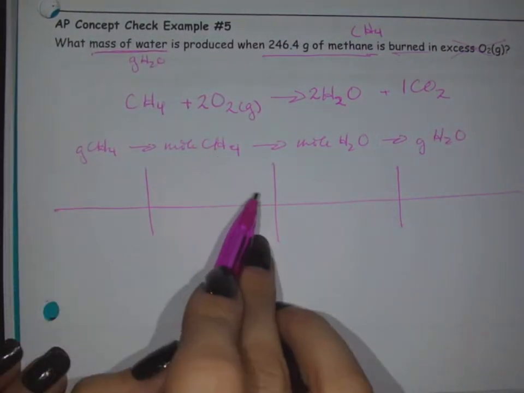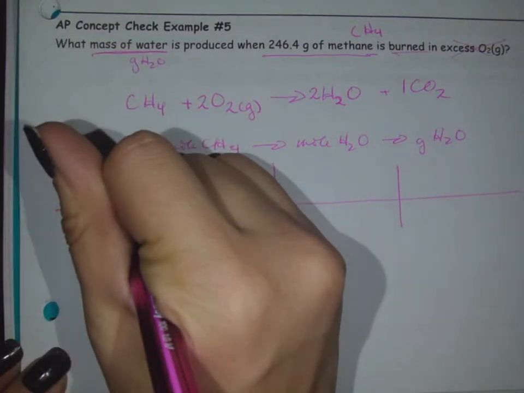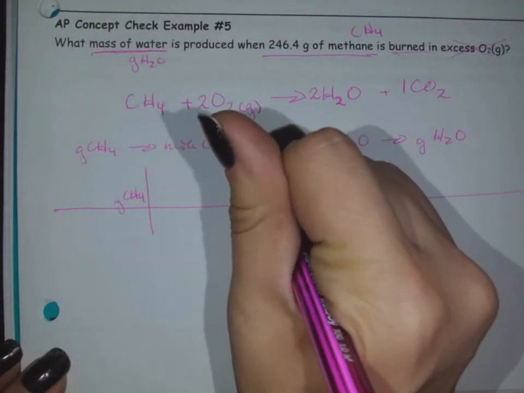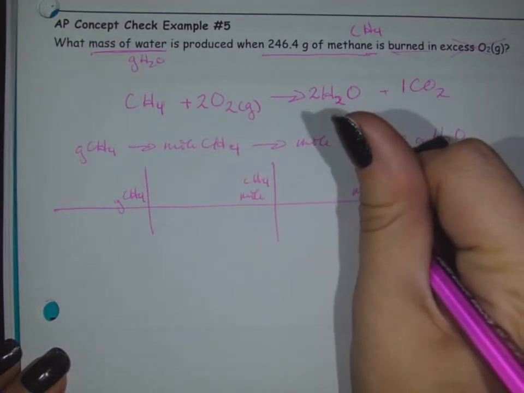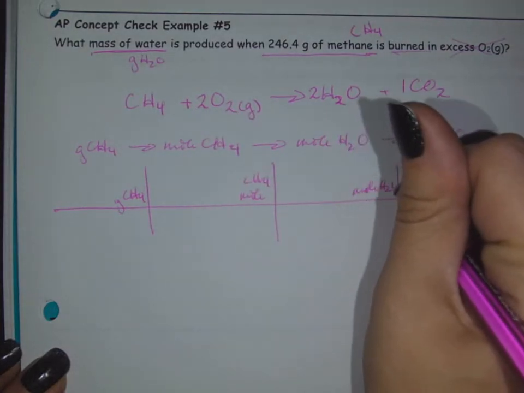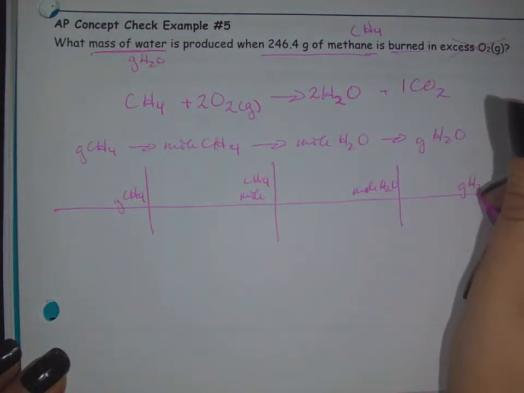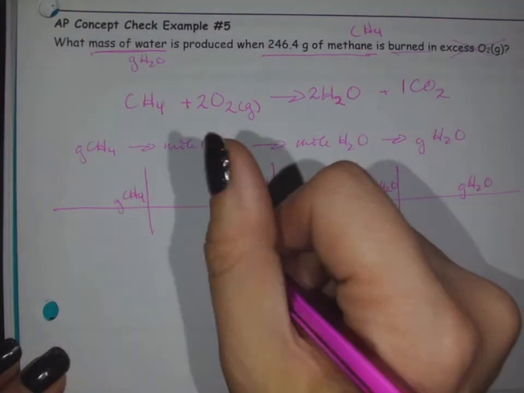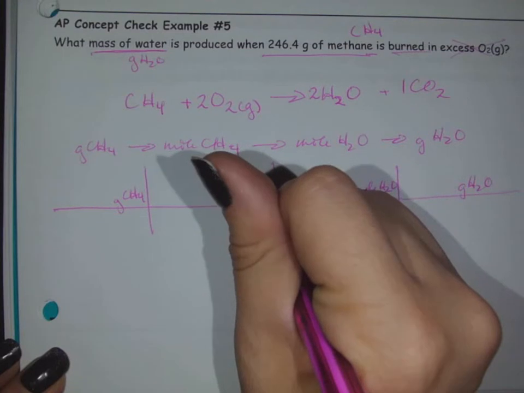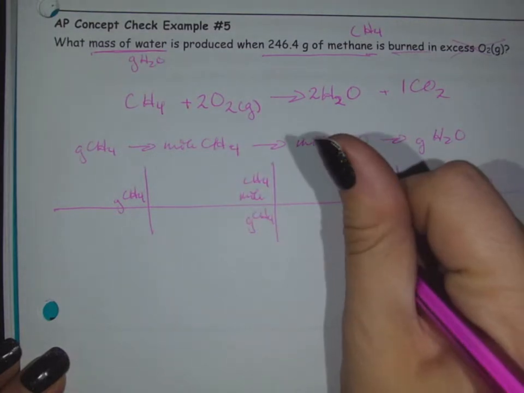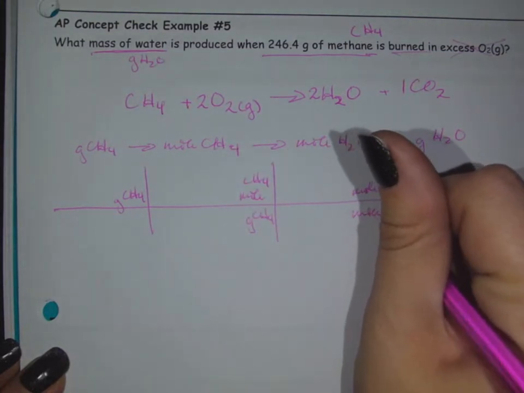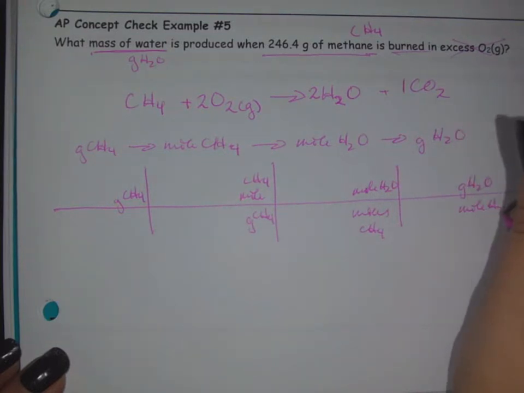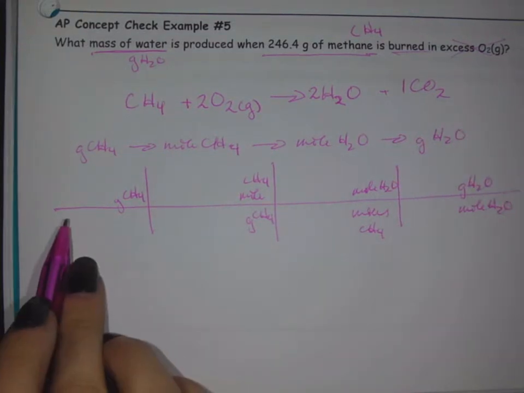So I'm going to put these units up above: grams of CH4 to moles of CH4 to moles of H2O to grams of H2O, and then I can put the units diagonally down below so that they will cancel. Grams of CH4, moles of CH4, moles of water.